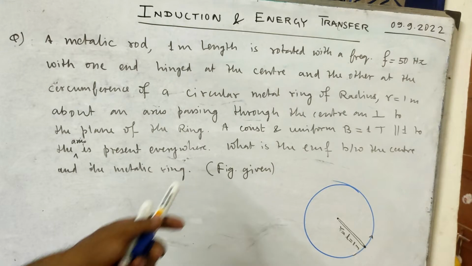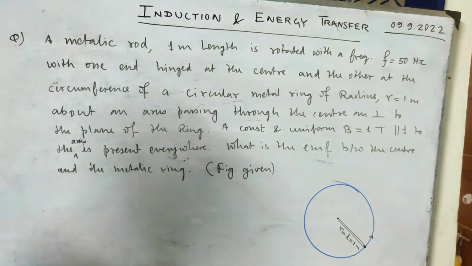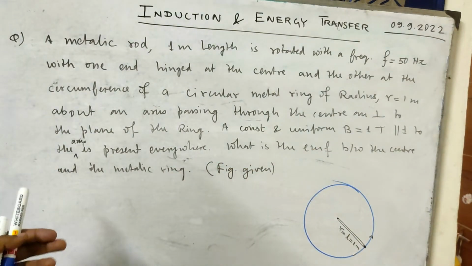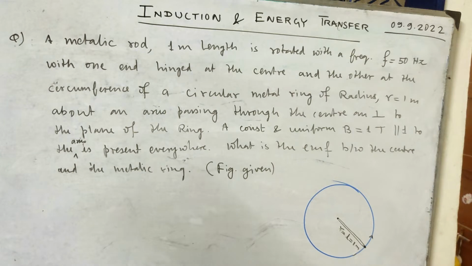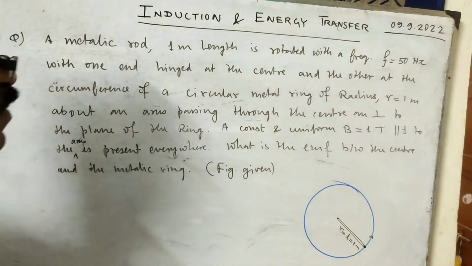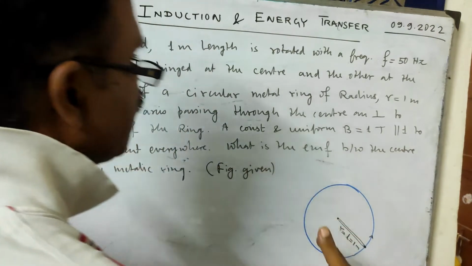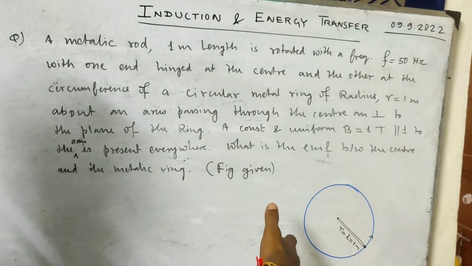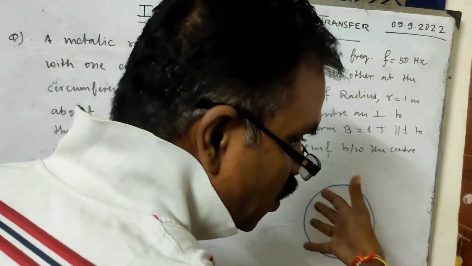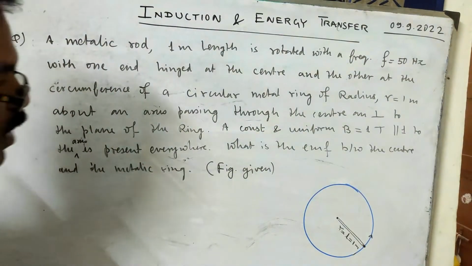And then a constant and uniform B, parallel to the axis, is present everywhere. The B direction they have not given. They have told it is parallel to the axis, and parallel to the axis means perpendicular to the plane.